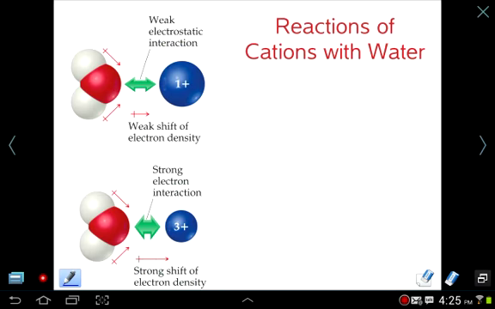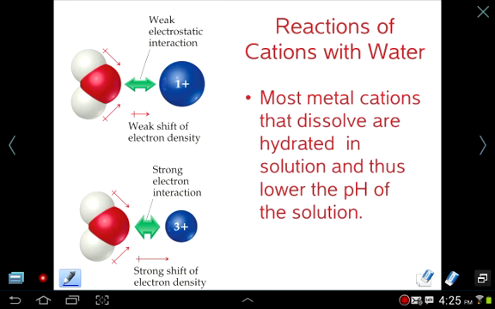So here we're going to go through some additional theoretical considerations of acids and bases. First of all, anytime you have a cation in water, remember, cations are positively charged, the cation will be hydrated. The cation will pull toward itself water molecules because of the positive charge.